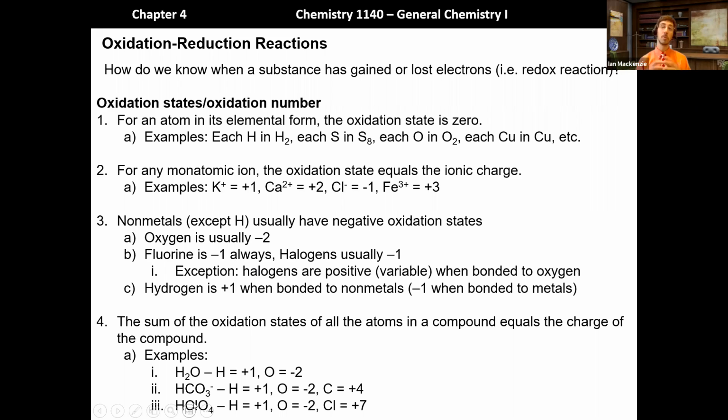But I do know that the overall compound is neutral. If I have -2 for every oxygen, then on the minus side I have -8 because there are 4 oxygens. I have +1 from hydrogen, so that gets me down to -7, but the overall compound is neutral. So the oxidation state of chlorine in this compound must be +7.